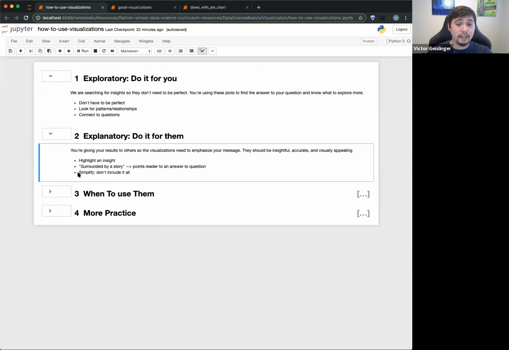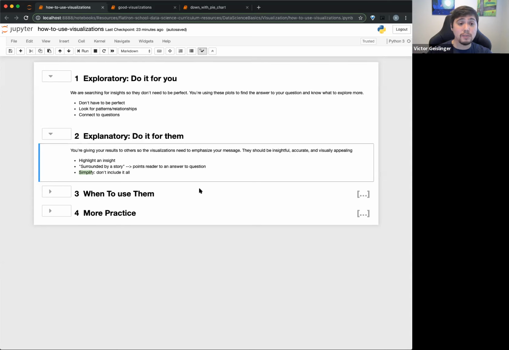And then this part right here I included: simplify. So don't necessarily include it all. Sometimes it makes sense to emphasize your point. For example, one big thing I see a lot of times is people will put a regression line through a scatter plot. There's not a real reason unless the scatter plot actually has real information that would be useful to explain.